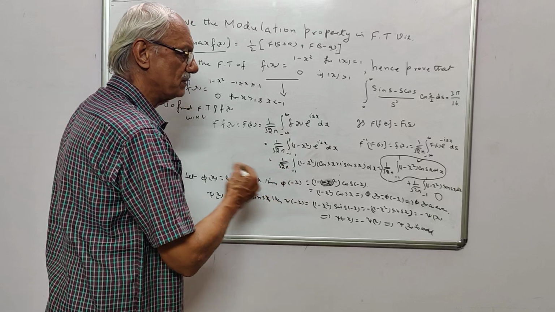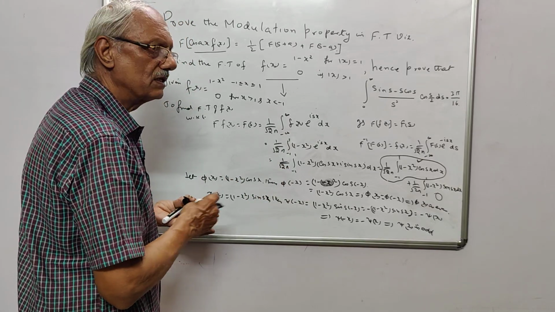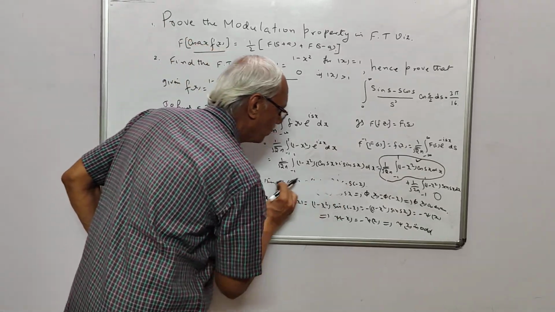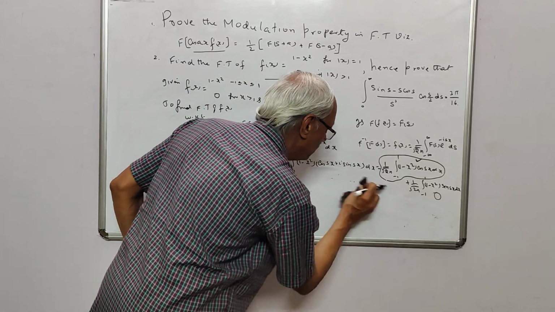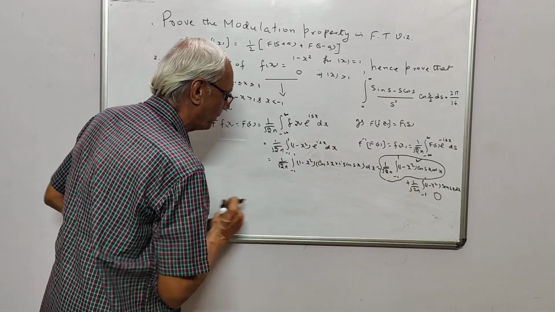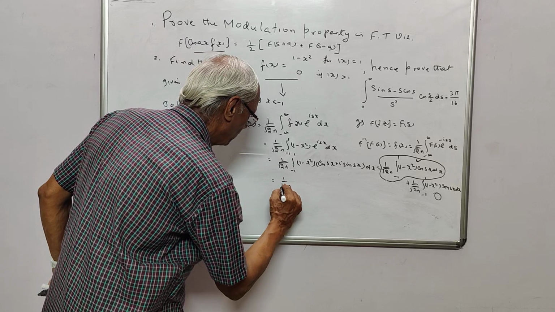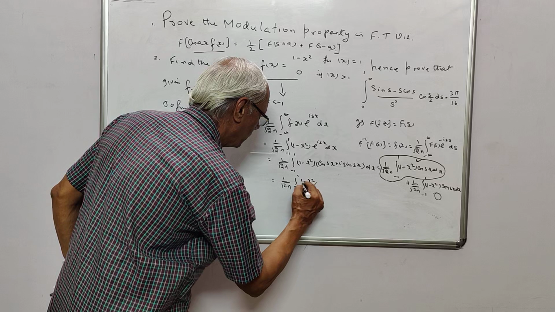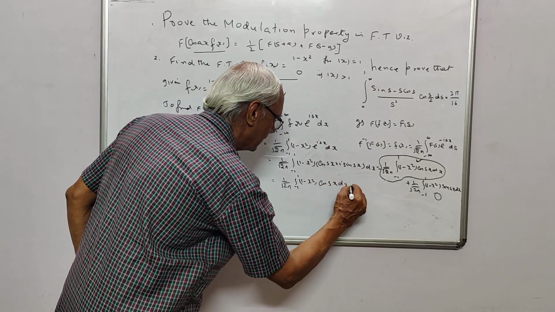Let me rub off this place for want of space, and I will continue. So this is 0; for what reasons it becomes 0, you must know. Every step is very, very important. So this is nothing but 1 by square root of 2 pi into the integral from minus 1 to plus 1 of 1 minus x squared into cos sx into dx.